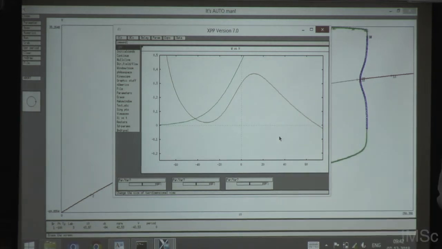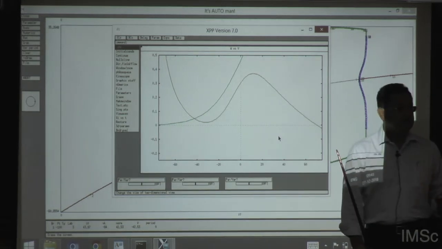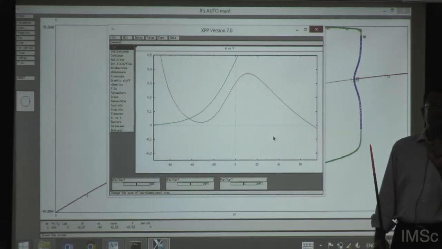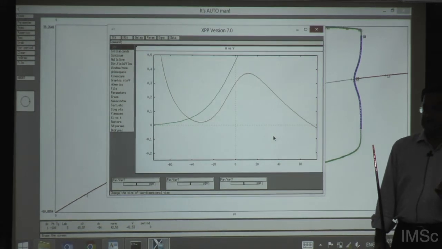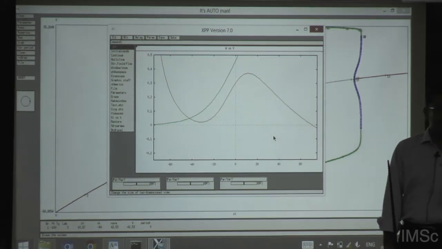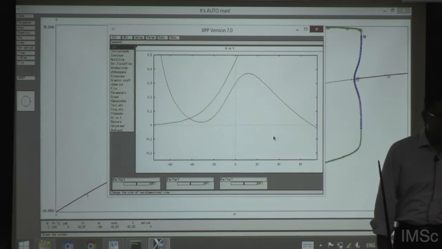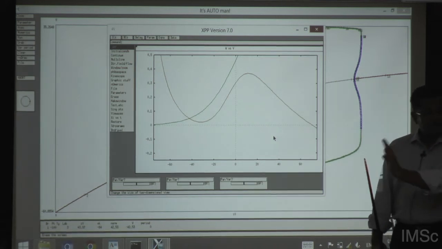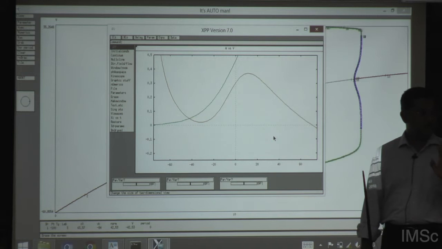Now, the particular value for which these nullclines have been plotted is the value of I corresponding to the point 3. That's an important point. This is not just an arbitrary drawing of the nullclines.